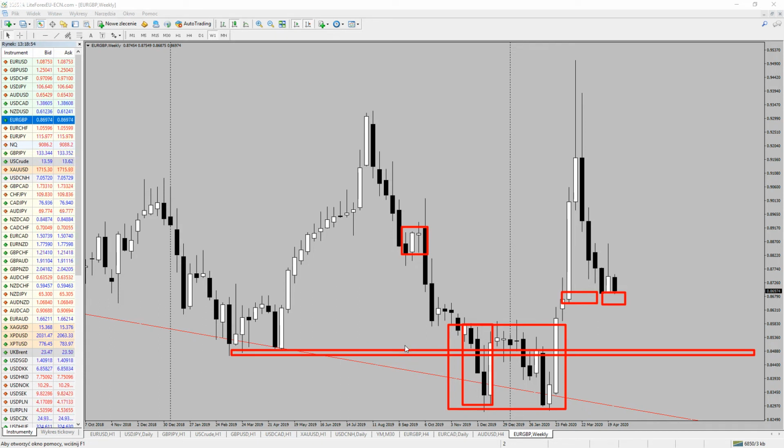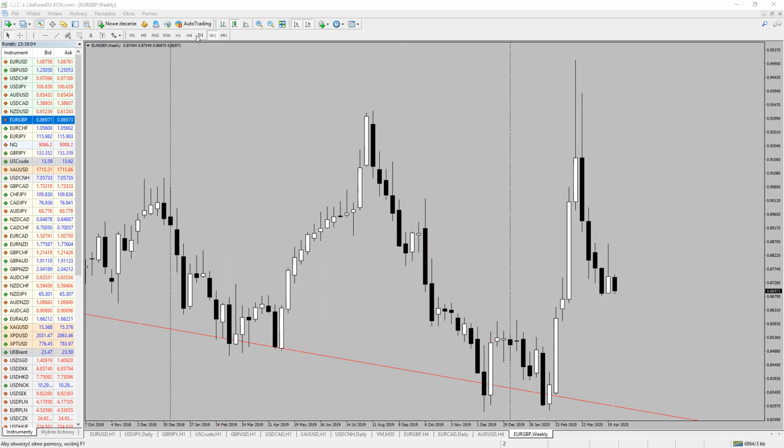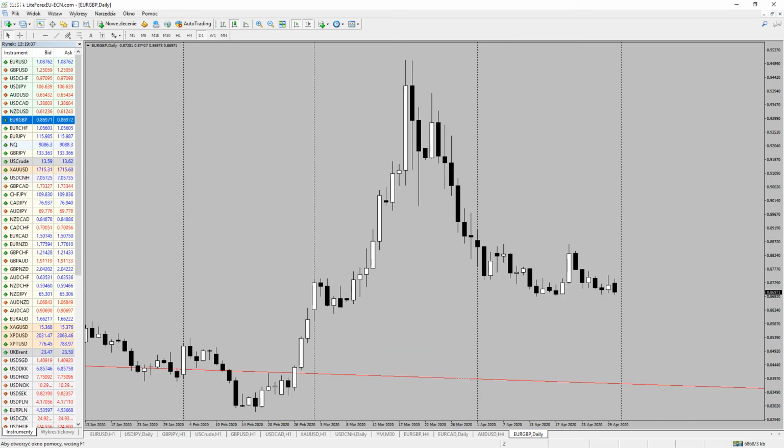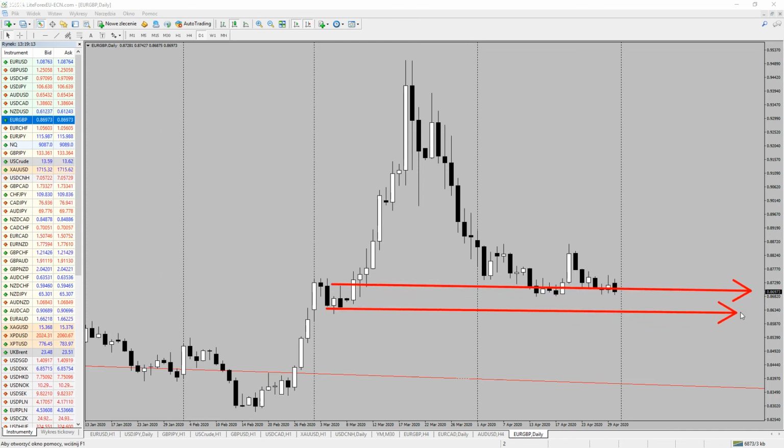But here, based on what I see, I'm going to look medium term to check the long side, right? When it comes to the daily chart, we are right now testing the demand zone, and we are trying to hold that zone.